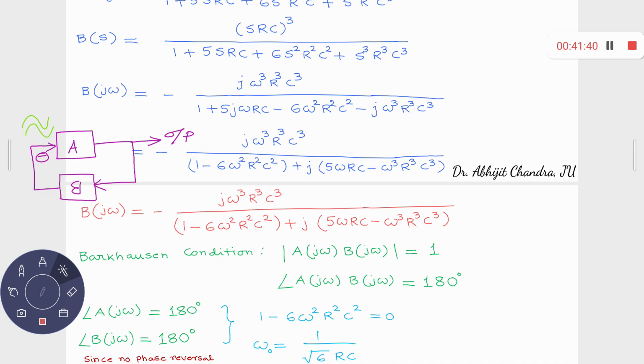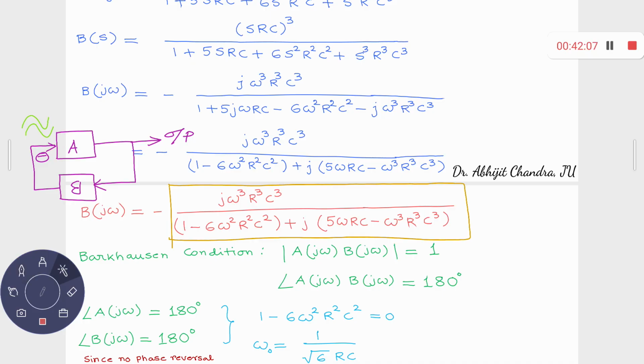You have to ensure that this entire thing, apart from the minus sign, forget about the minus, this part should be a real positive number, because you have minus outside, so minus is equivalent to 180 degree. So this part should be a real positive number.